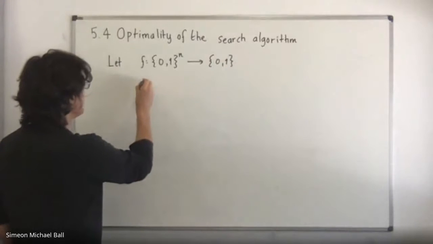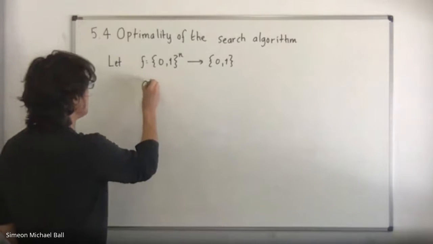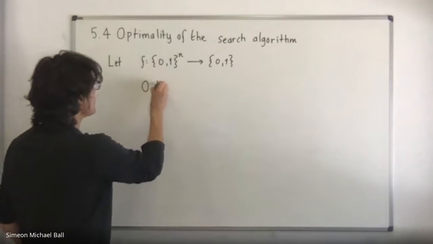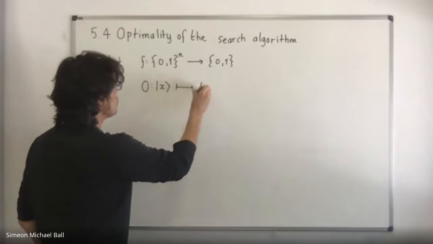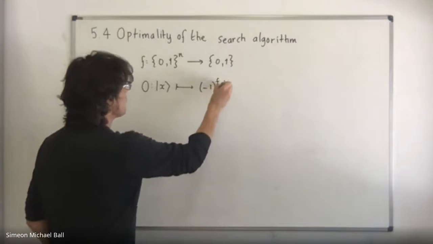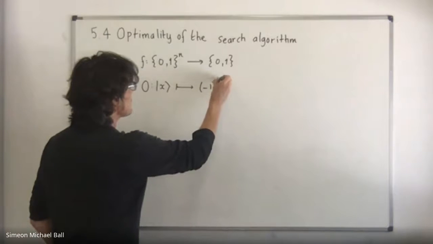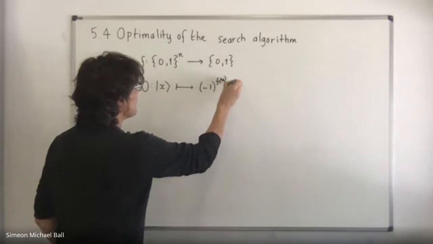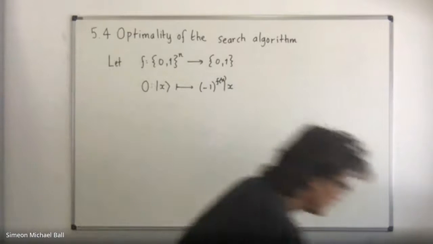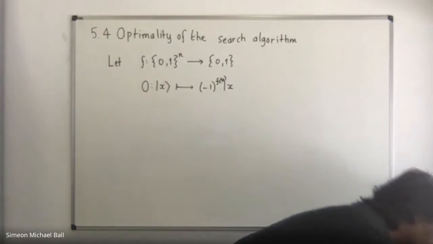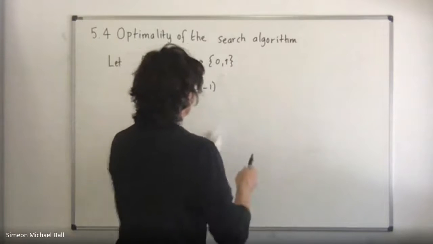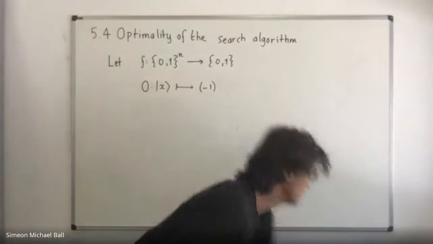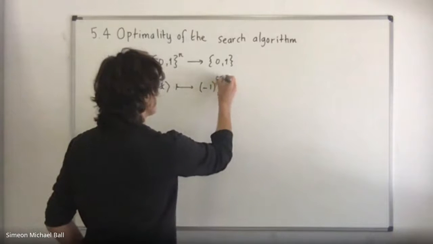So O would be a map which should take an element in the computational basis |x> to (-1)^f(x) |x>.